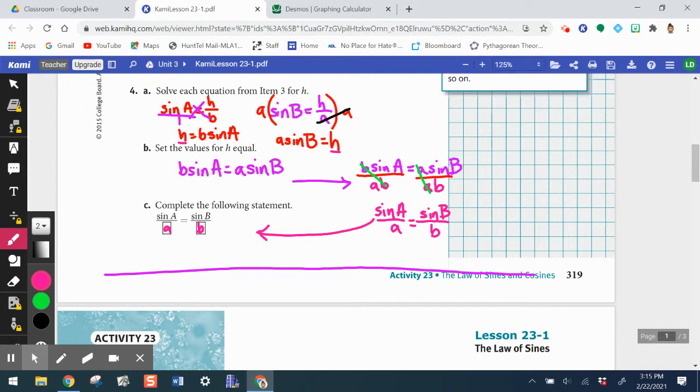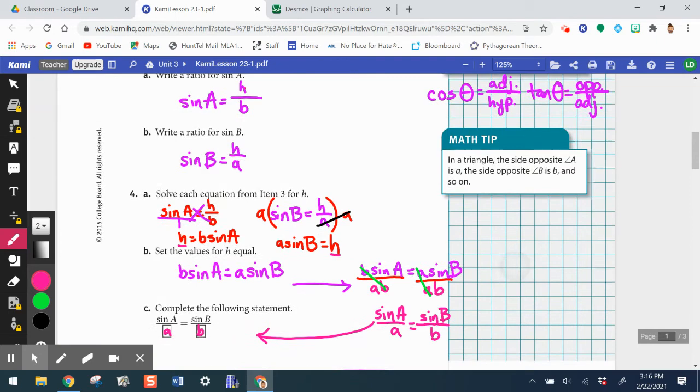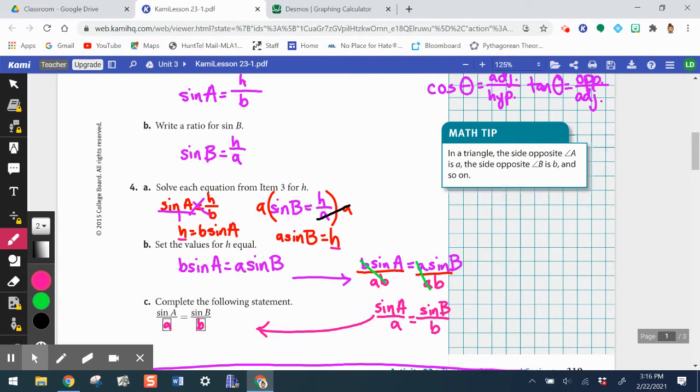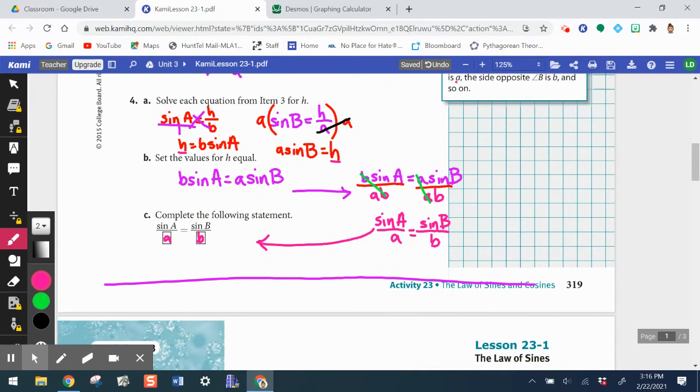So what we have just established is that the sine of angle A over the segment a is equal to the sine of angle B over the segment b. And I do want to point out this math tip: in a triangle, the side opposite of angle A is labeled lowercase a, and the side opposite of angle B is lowercase b. So what we're saying is the sine of an angle over its opposite side is equal to the sine of another angle over its opposite side.